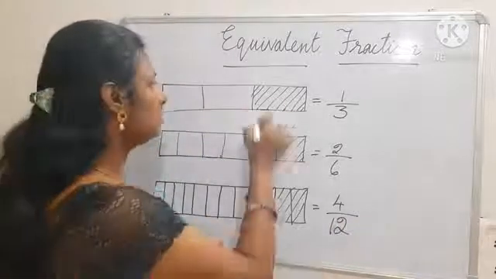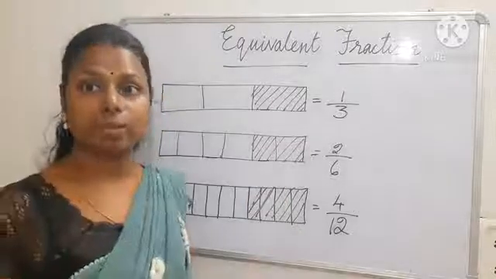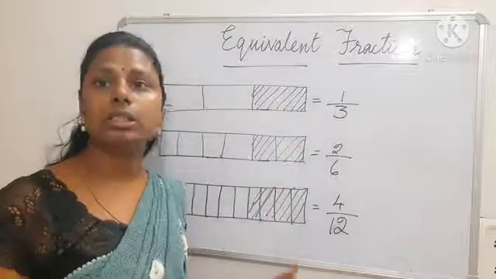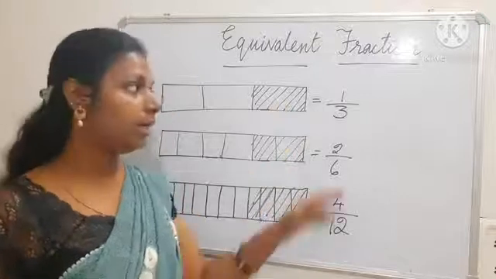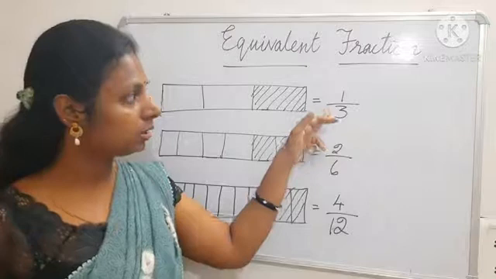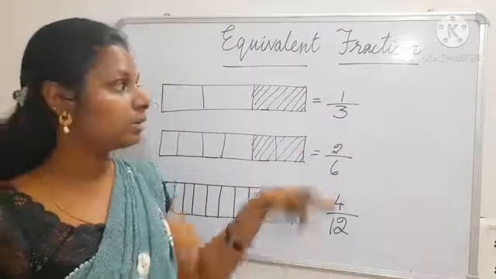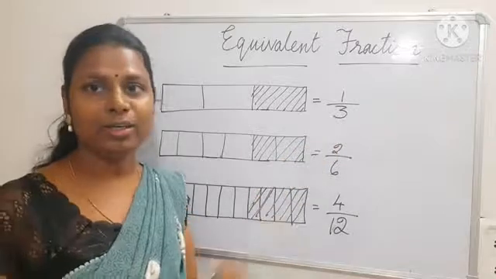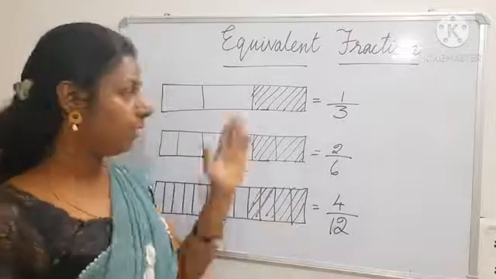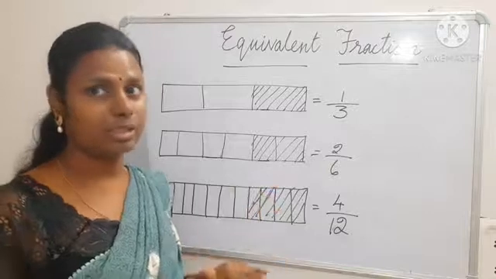Now see, the shaded parts in all the figures are the same. The shaded portions are the same. But there is a change in the denominator as well as in the numerator. But the shaded portions are the same.